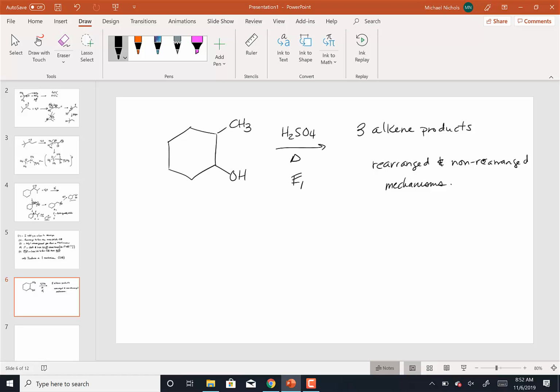So what I want you to do for this product is write the 3 products and the mechanisms. Some of the products will come rearranged, some of them will come not rearranged. Okay, and we can talk more about this, but this is an example with the H2SO4 and alcohol.